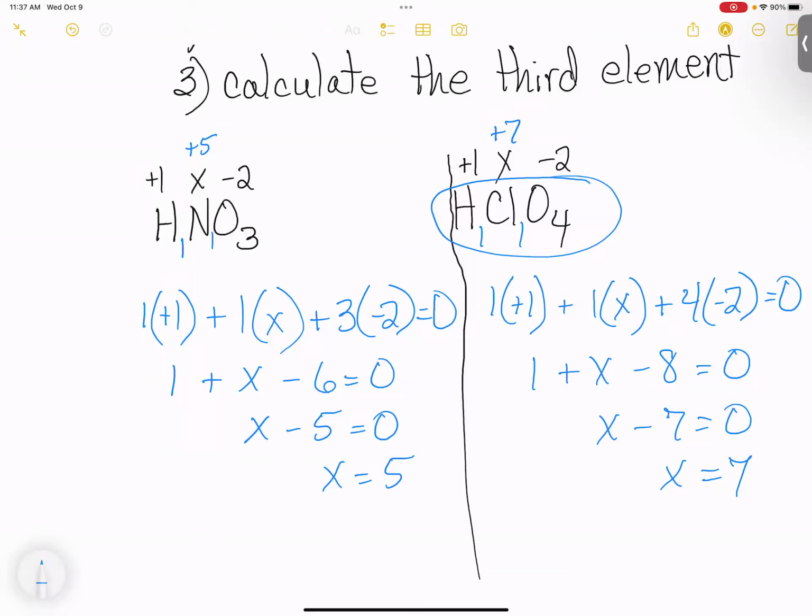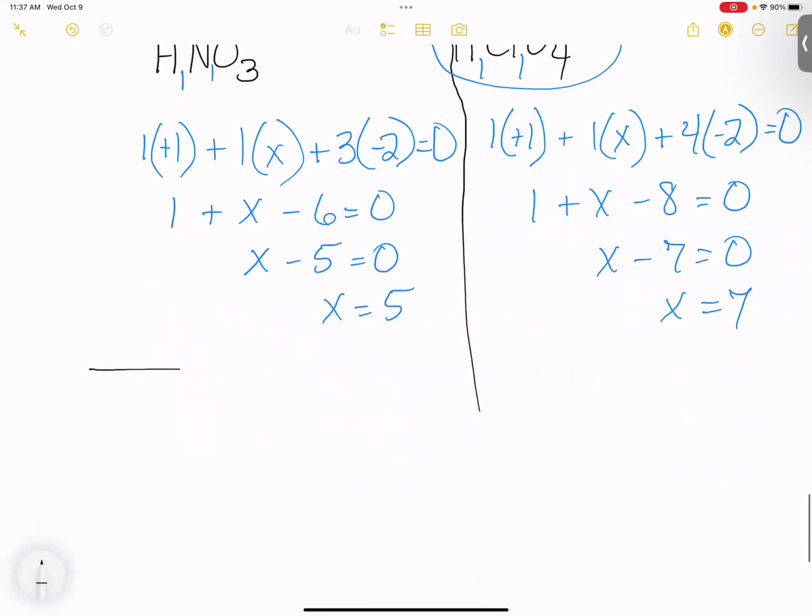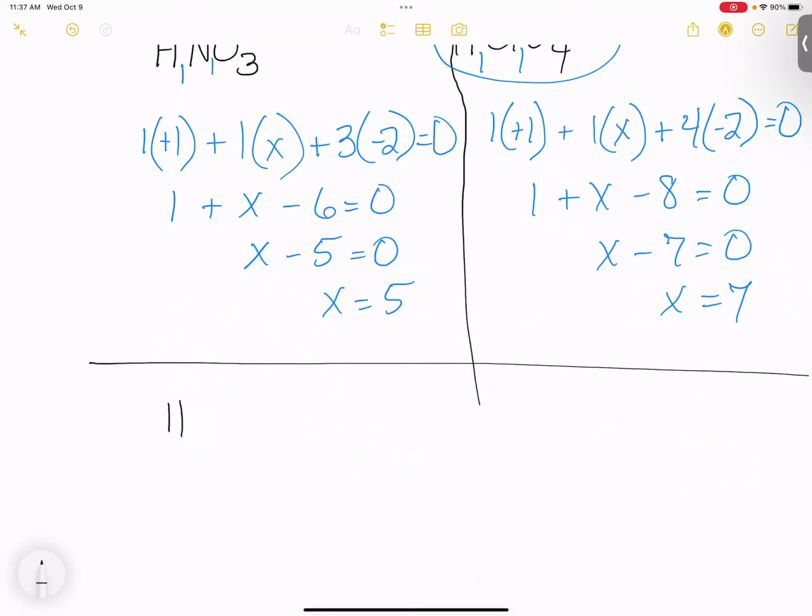Let's look at another set of examples. Let's do two that you're not going to know. I mean, we know they're weak, but who is the weakest between oxalic acid and phosphoric acid?